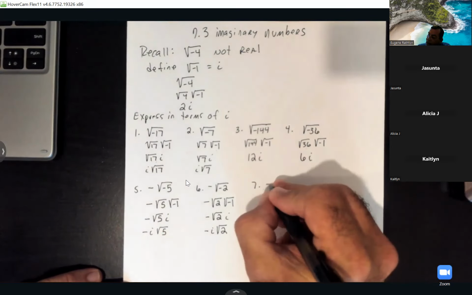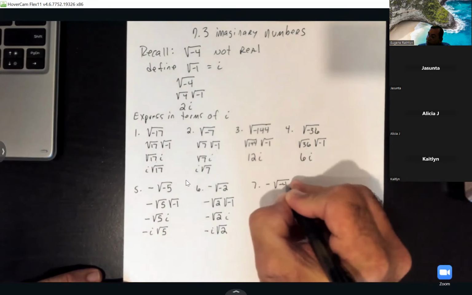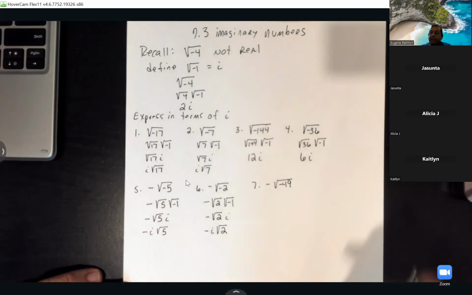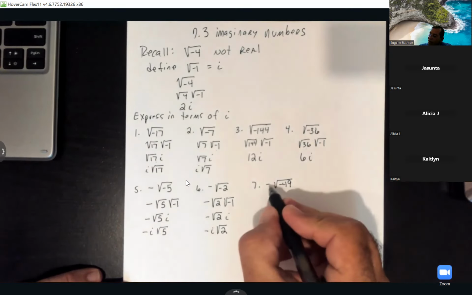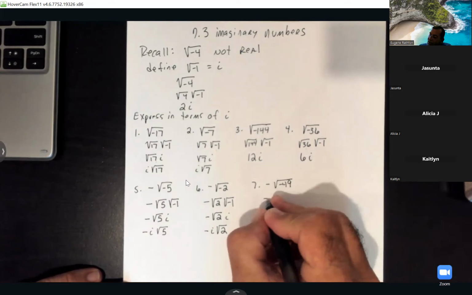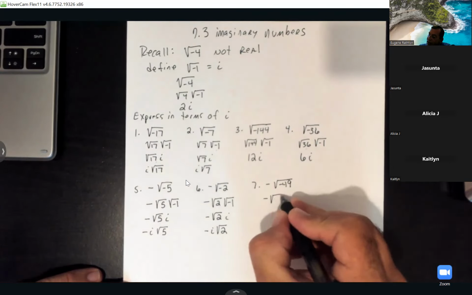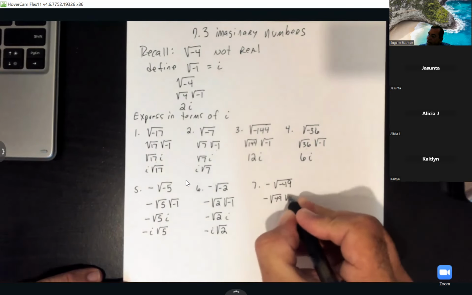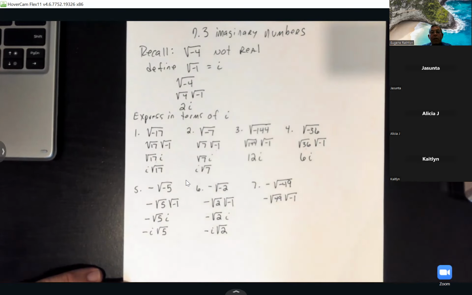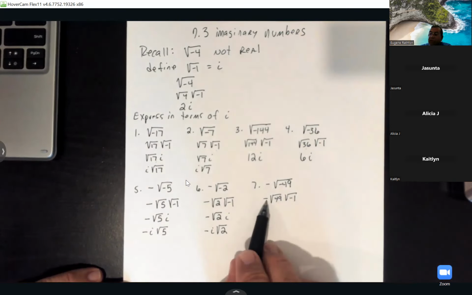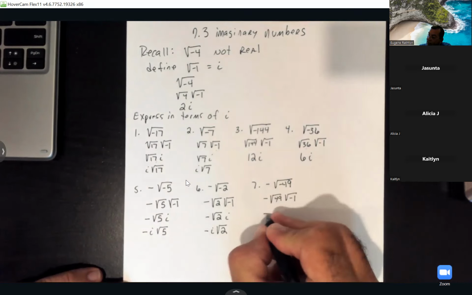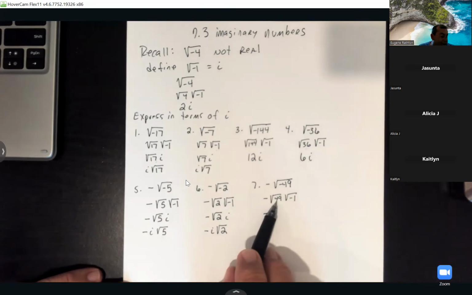So y'all, negative square root of negative 49. So if you notice, I'm going to keep bringing that negative on the outside down. I'll make this a 49 times negative 1. Once again, bring that negative down. This time, 49 does have a square root of 7.